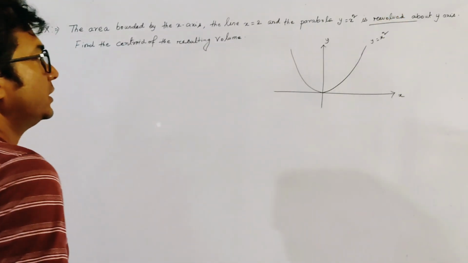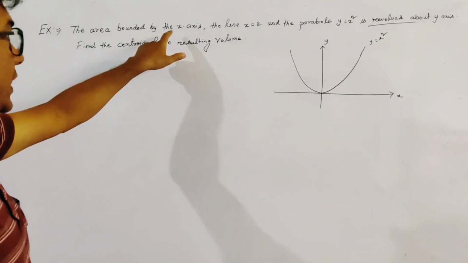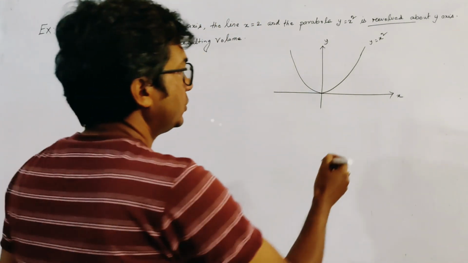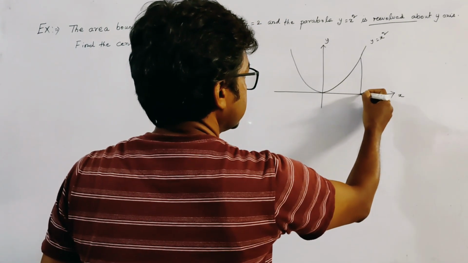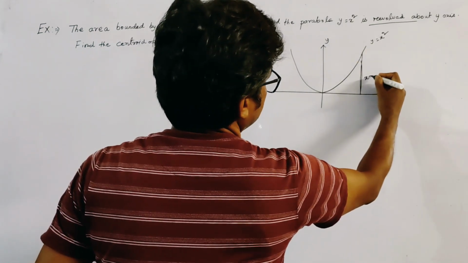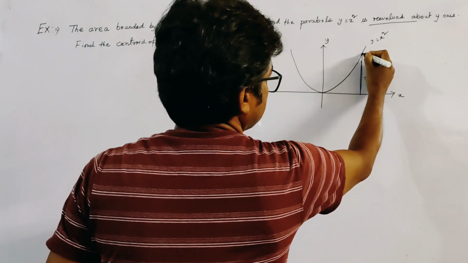Now the area bounded by the x-axis and x equal to 2. X equal to 2 means this line.